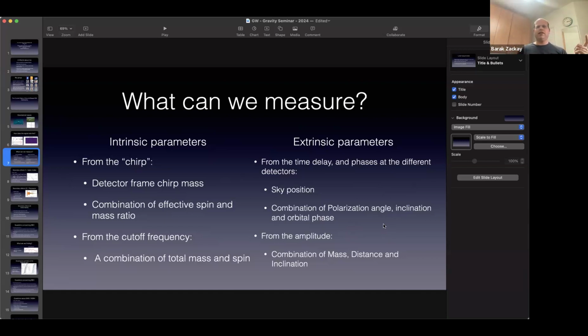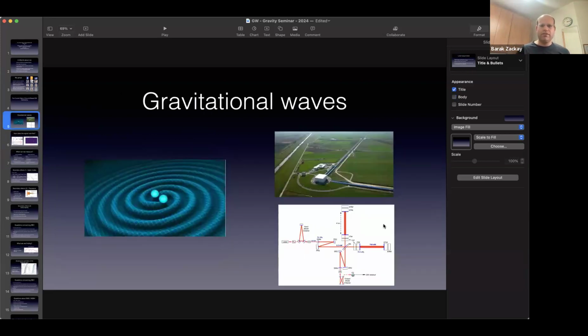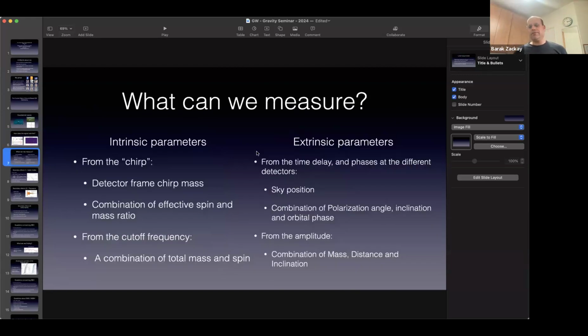So the LIGO detector, these 4-kilometer arms, there are actually 2 copies of it. And there's an additional detector in Europe called Virgo. And the time delays between these detectors are basically determined by the sky position, because of the finite travel time of light between these few detectors.